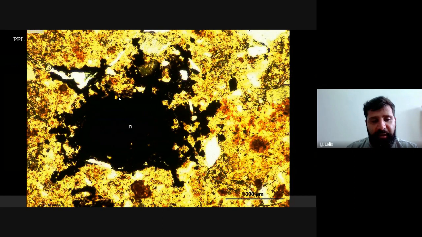And now they tell us that, okay, if I have a nodule with an increase of iron and manganese formed in this specific horizon, it seems that this specific horizon and or layer suffered in the past a variation of oxic and redoxic conditions, and they are redoximorphic features.